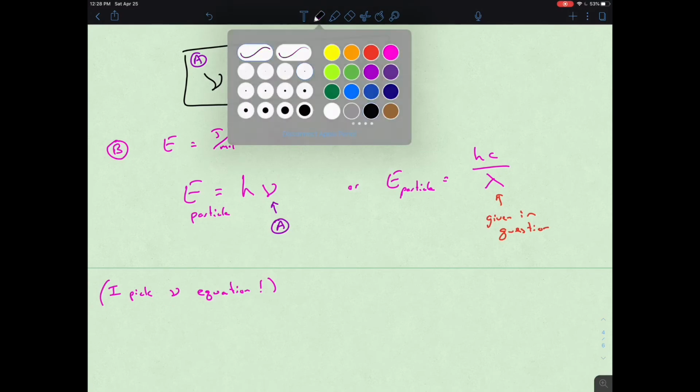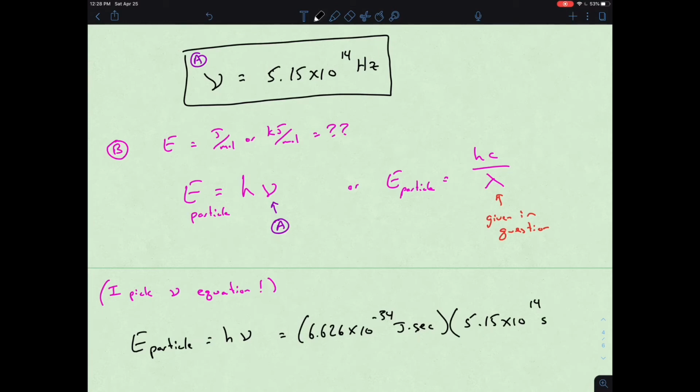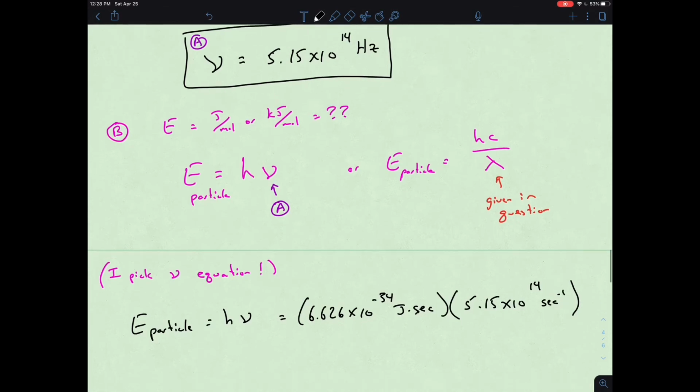So that energy of the particle is going to equal Planck's constant times frequency, or 6.626 times 10 to the negative 34th joules seconds times 5.15 times 10 to the 14th Hertz. Or remember, that would be reciprocal seconds. So notice that's how the seconds are canceling out.